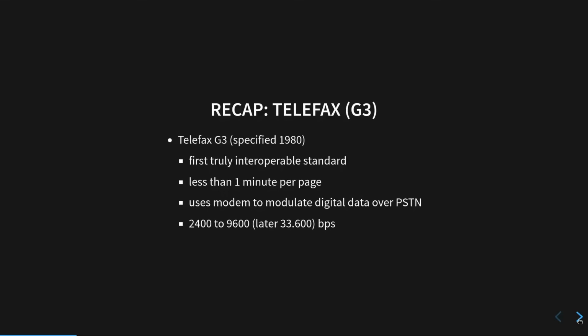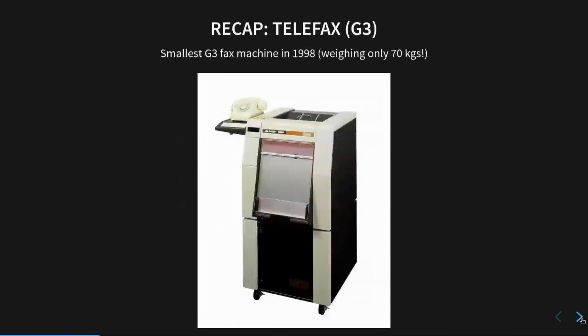The transmission speeds initially 2,400 to 9,600 bps, but later upgraded up to 33,600 bits per second over analog modems. Now, of course, you could do G3 fax like any other analog service that used the PSTN. You could also use that over ISDN, and you can. But actually, very few.